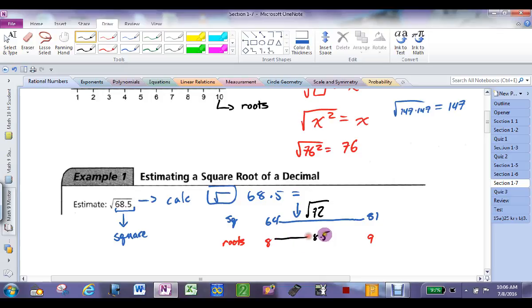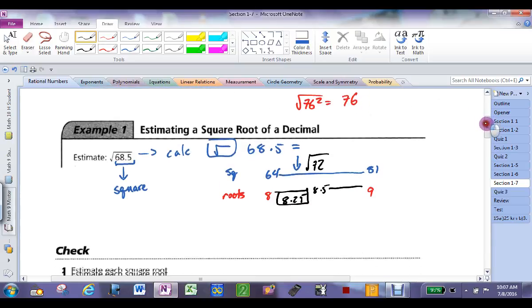So now you have a line down here, don't you? 68 is halfway between 64 and 72, isn't it? So what would halfway between 8 and 8.5 be? 8.25. So there is our estimate. Does everybody understand? Okay?